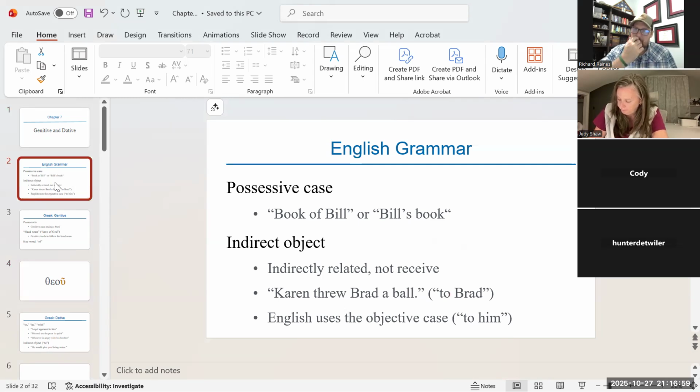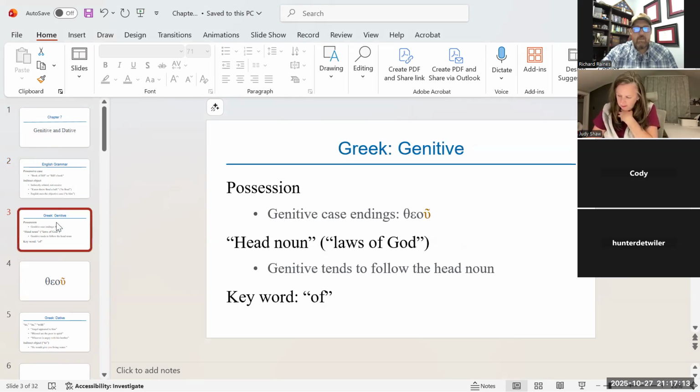And it's pronounced to the crowd because it actually has three words because it has a definite article. So the genitive and the dative case reflect the possessive and the indirect object.